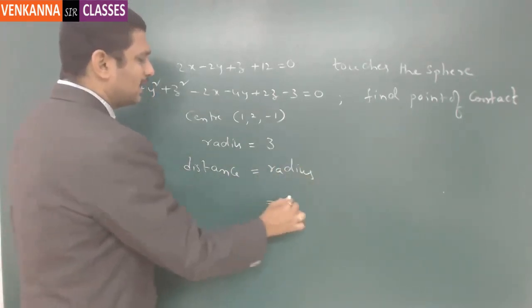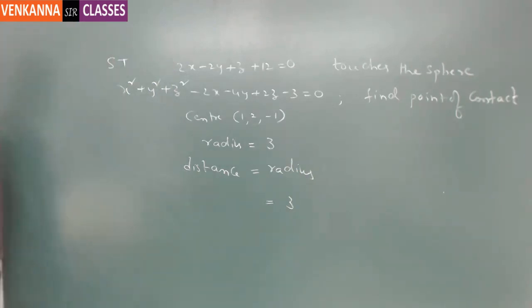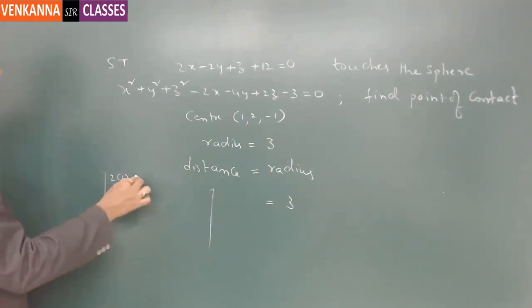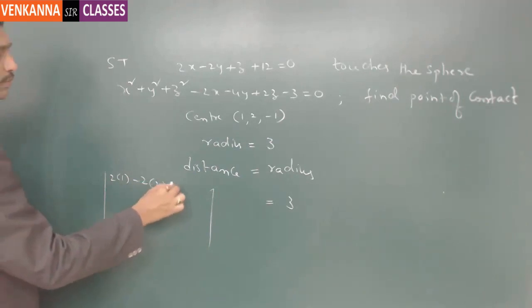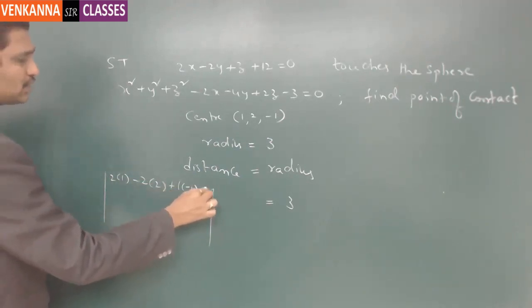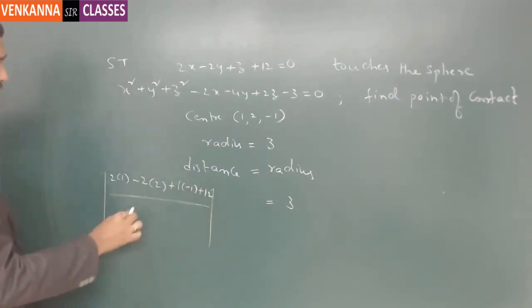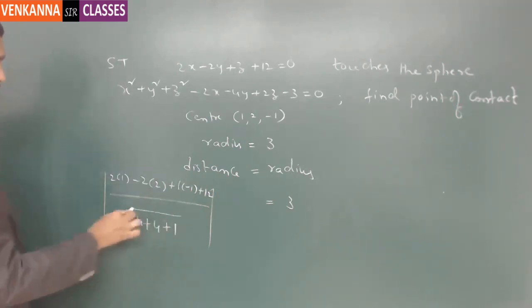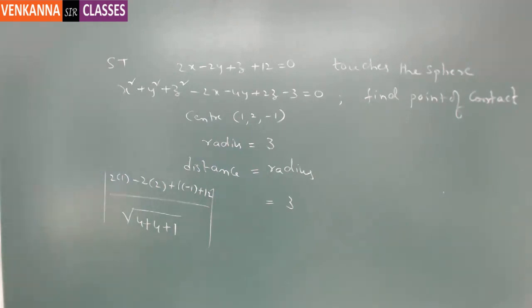So you are calculating the distance from the center of the sphere to the plane. If you calculate that, the values are 2 into 1 minus 2 into 2 plus 1 into minus 1 plus 12, divided by the square root of the sum of squares of the coefficients.